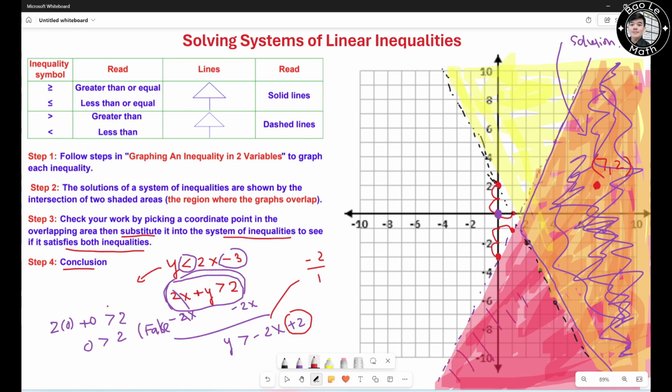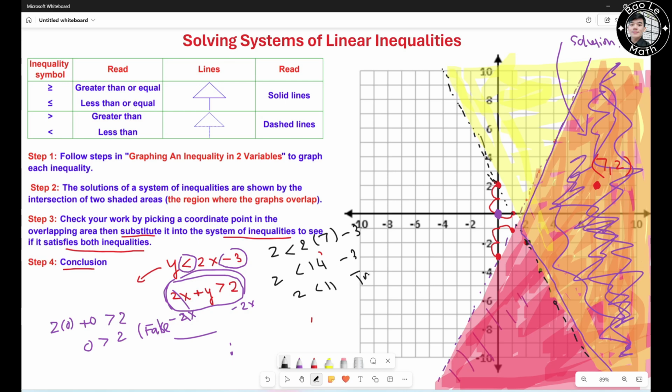Now I substitute 7, 2 into the two inequalities, and the point 7, 2 makes both inequalities true. Look: x equals 7, y equals 2. So I have 2 less than 2 times 7 minus 3, which is 2 less than 14 minus 3, so 2 less than 11.